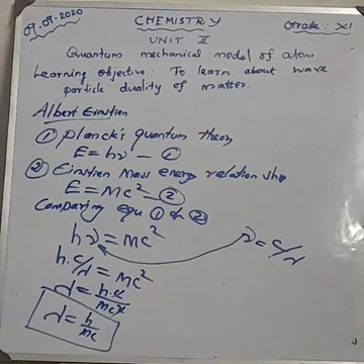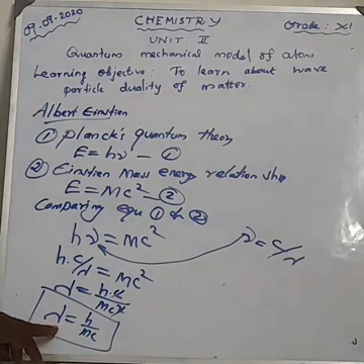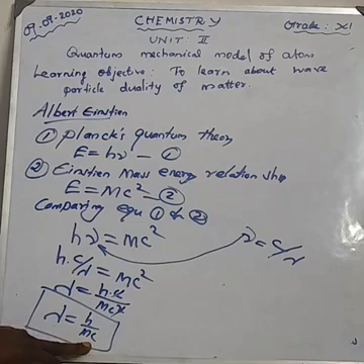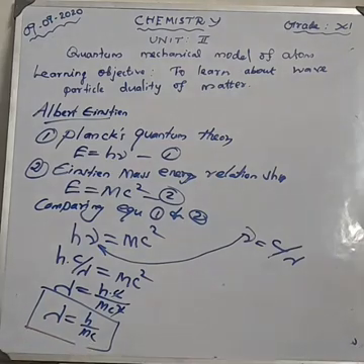Okay, here lambda is the wavelength, h is Planck's constant, m is the mass and c is the velocity. Here the c velocity can be replaced by velocity v.